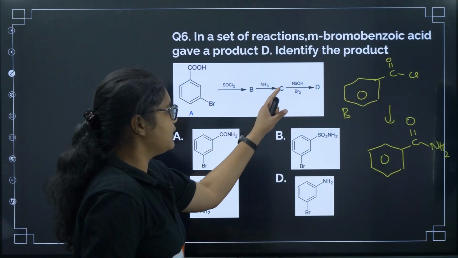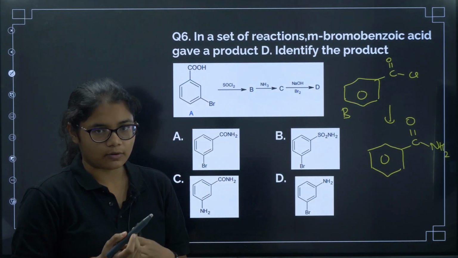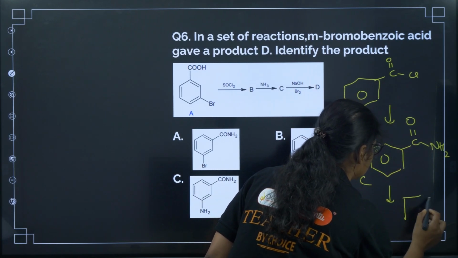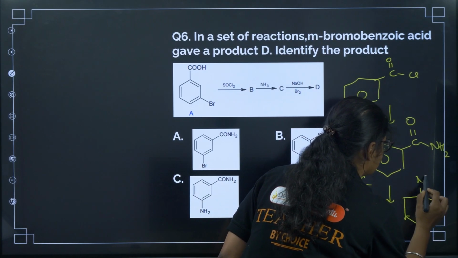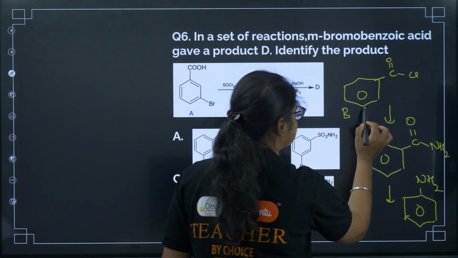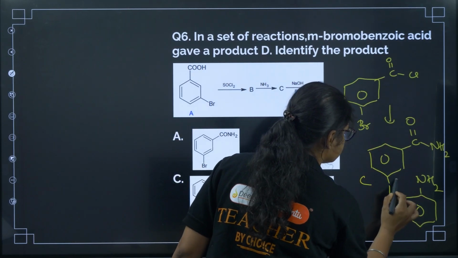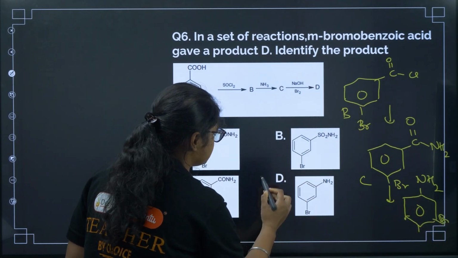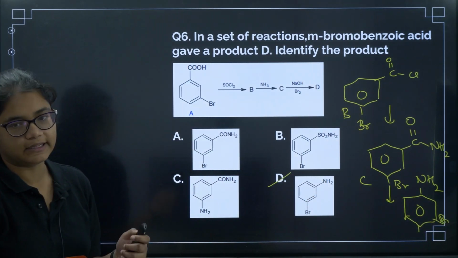After that, NaOH and Br2, when you do, this is Hofmann bromamide degradation, this CO part will go and we will find NH2, okay. And this Br will be there as it is, not disturbed anywhere, okay. So just put the Br here in the meta position, okay. So the correct answer for this question will be option number D, okay.